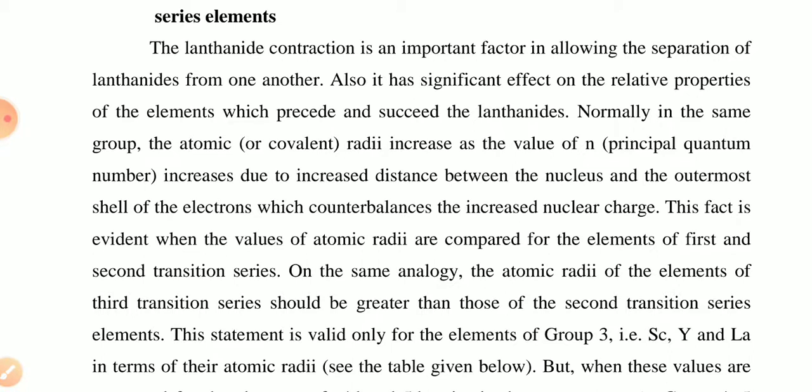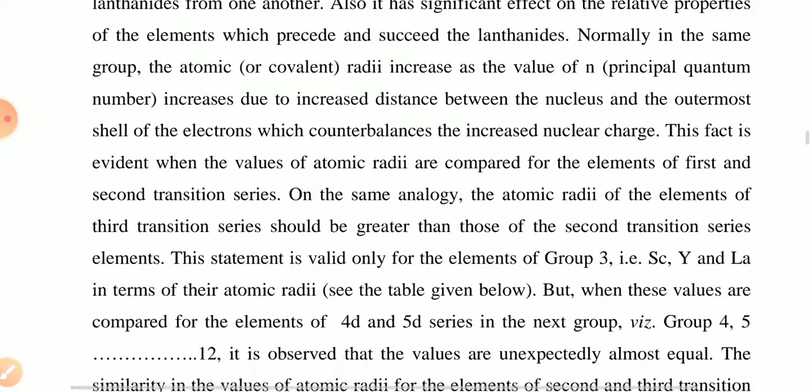So the atomic radii of the elements of the first and second transition series are compared. On the other hand, the atomic radii of the elements of the third transition series should be greater than those of the second transition series elements.